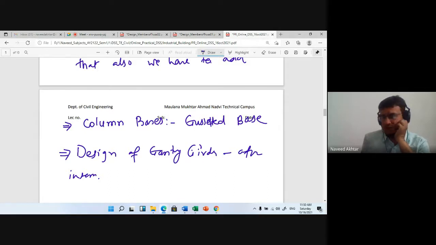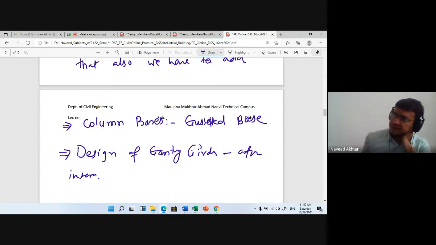Okay? If you have any question, you can ask me, or we will stop. And today you will do your own calculation on the design of the column and column base. Calculate the design load for the column, the factored load. The factored load is already done, so that factored load comes on the column.